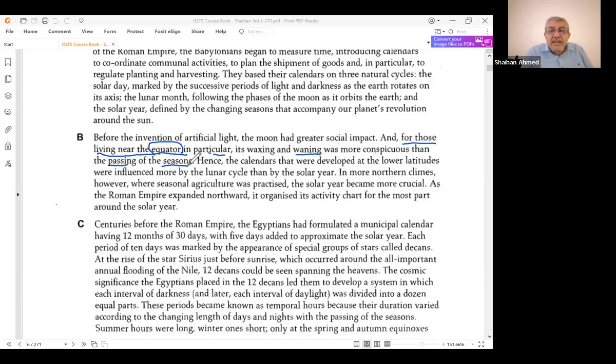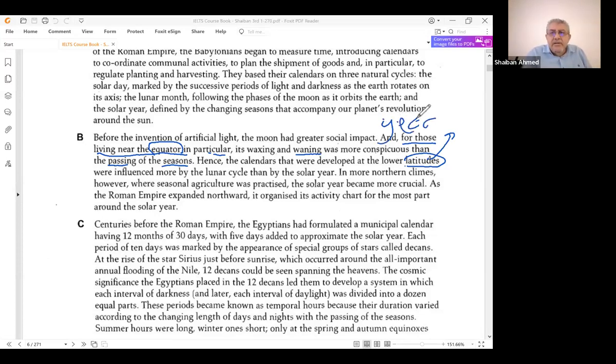And then the calendars that were developed at the lower latitudes. So equator, latitudes. So this is what? Geography.